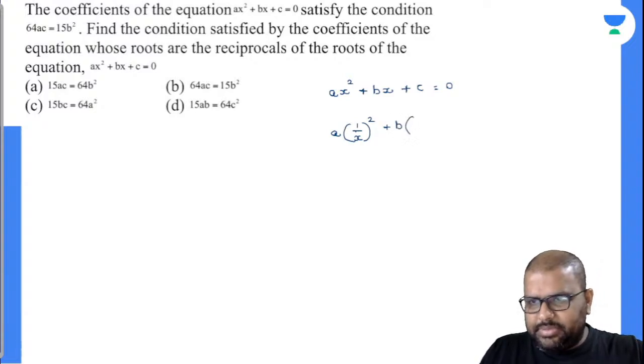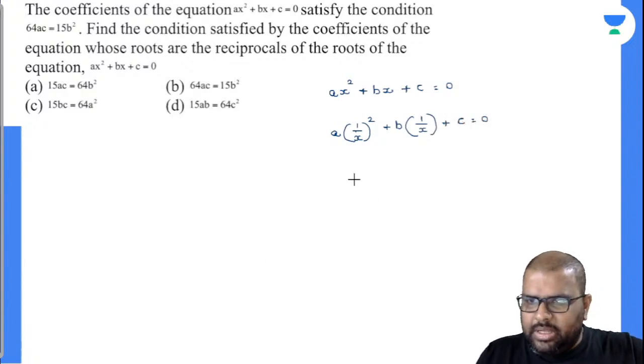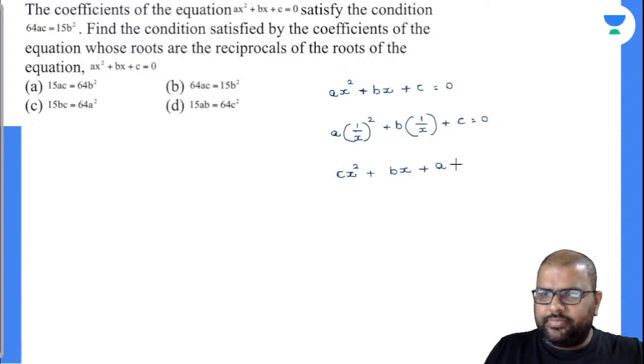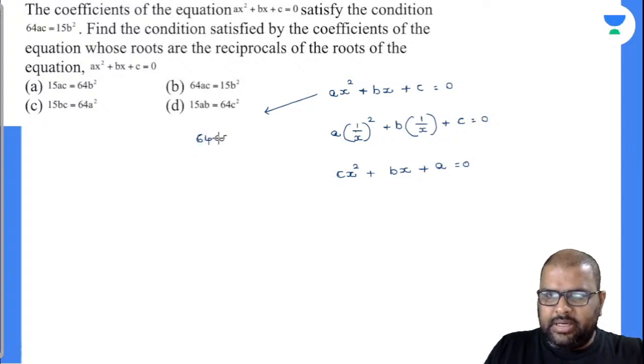You can easily observe it from the previous slide. 1 by x plus c is equal to 0. Now, this will be the equation there: Cx square plus bx plus a is equal to 0. And for this, the condition is 64 into AC is equal to 15b square, it seems.